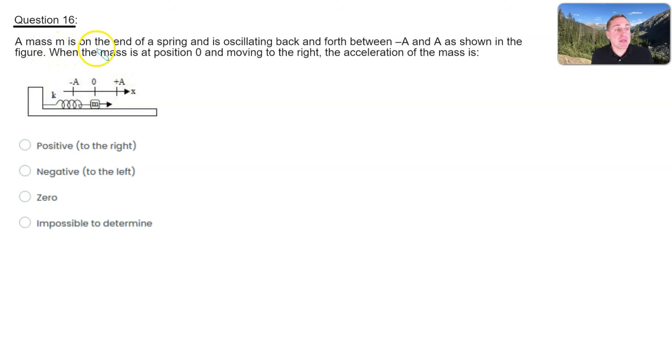A mass m is on the end of a spring and is oscillating back and forth between negative A and A as shown in the figure. When the mass is at position O, or 0, and moving to the right, the acceleration of the mass is what? Well, when you're at position O, I think that x equals 0 at this moment.